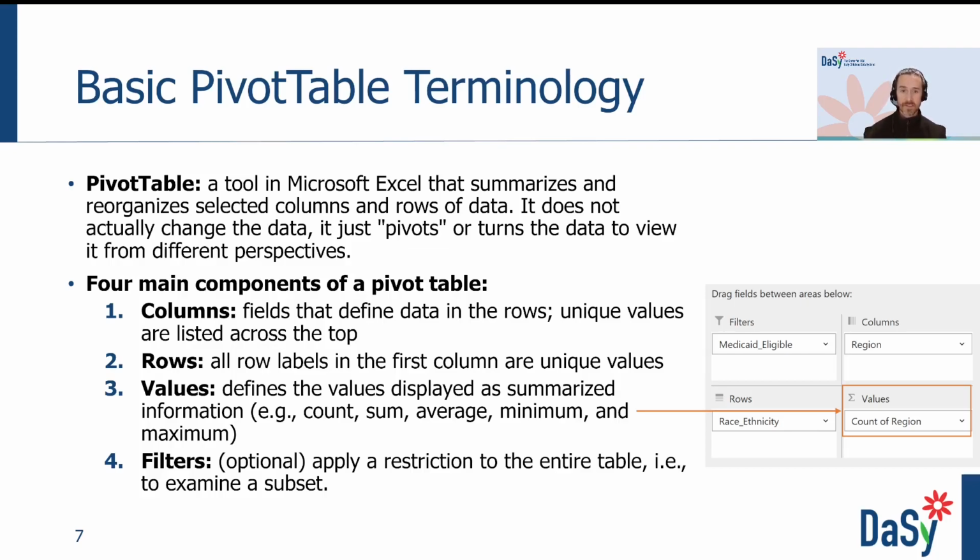For example, you can summarize your data by things like a count, a sum, an average, a minimum or a maximum, and other methods. Lastly, we have filters, which apply a restriction to the entire table. That is, they let you examine a subset of your data. Now, filters are optional, but often useful, and you must add something to the values field for the pivot table to start displaying summary data. And the real power comes, though, when you start adding something to the columns or rows fields.